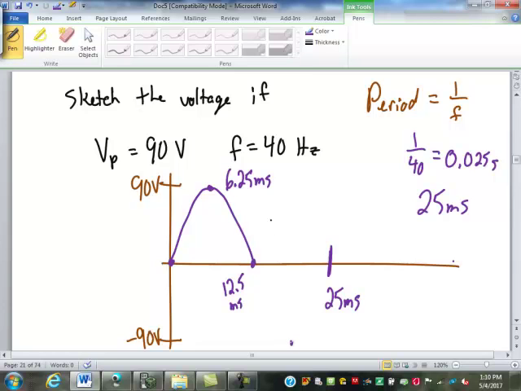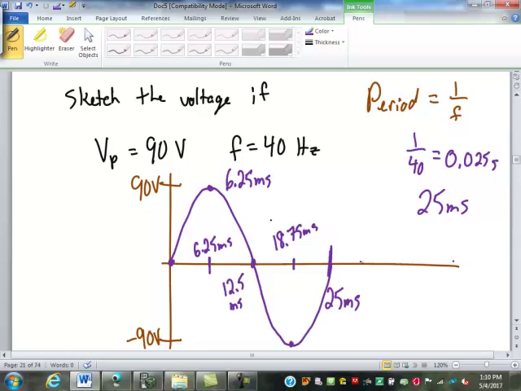Now in here, this point, of course, this is actually labeled down here, 6.25, right? This point right here, the easiest way for me to find that is to add 6.25 and 12.5, which is 18.75 milliseconds. That's halfway between the 12.5 and the 25 is what I'm finding there.